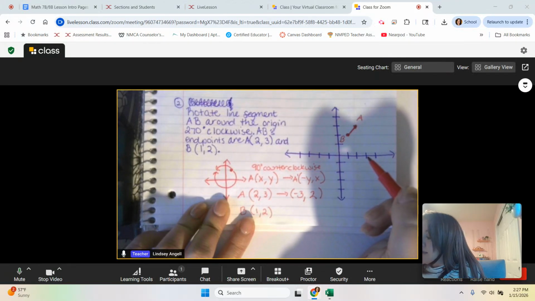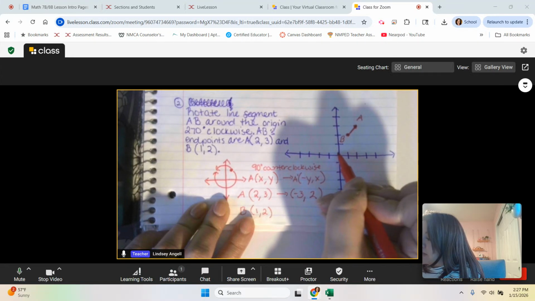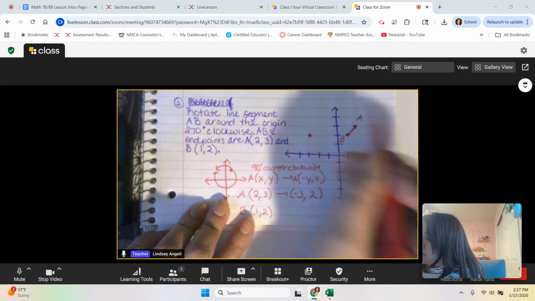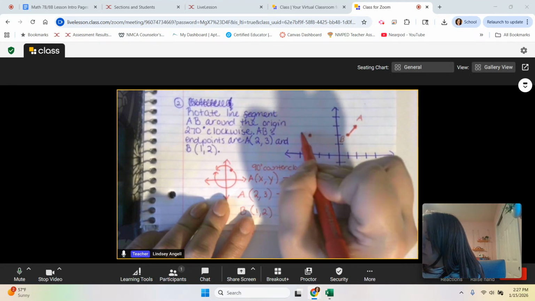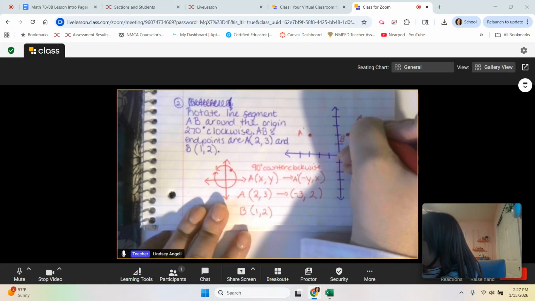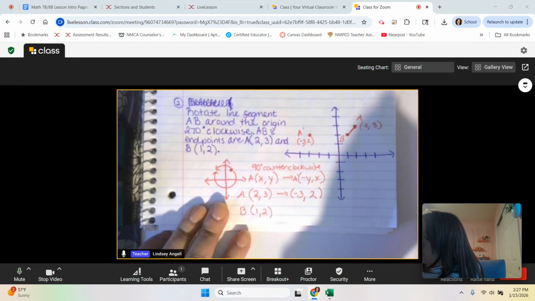So let's see what that does to point A. So negative 3, 2. So that means I'm coming over here and going up 2. Okay? So that would be A prime. This was 2, 3. Now we're at negative 3, 2.